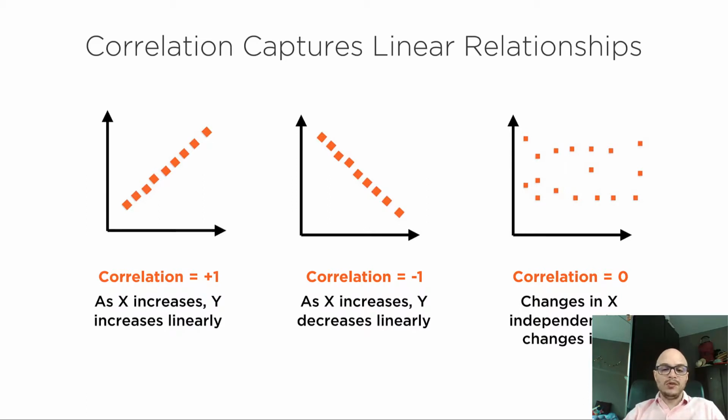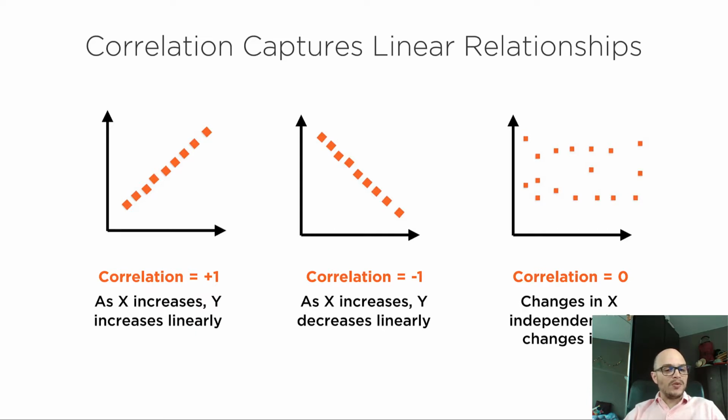And finally, if two variables are completely independent of each other, then the movement of one variable does not affect the other. Then we have a correlation of 0. It's possible that there is an edge case where the variables may not necessarily be independent.